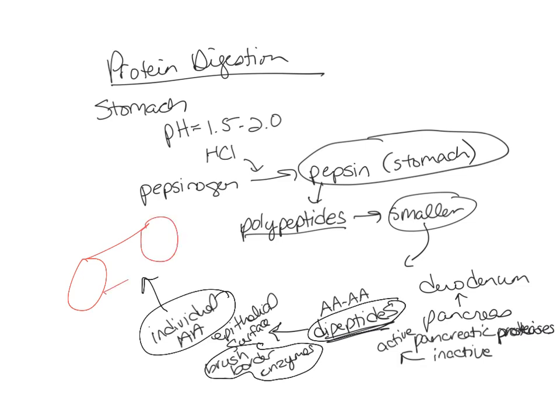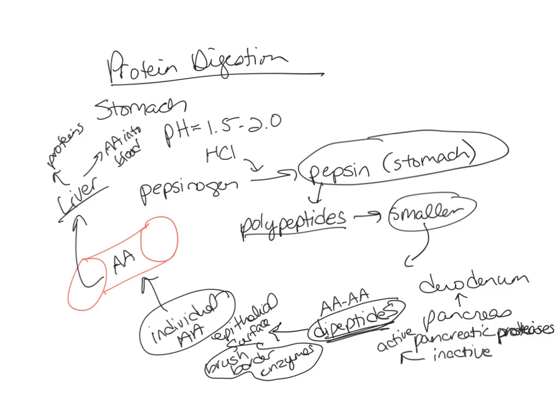They're going to go into the bloodstream, and those amino acids are going to go straight to the liver, and then the liver will decide: do we want to store those amino acids? Do we want to make proteins out of those amino acids and store them? Or do we want to send amino acids into the blood? If we send amino acids into the blood, now all the tissues in the body can enjoy those amino acids.